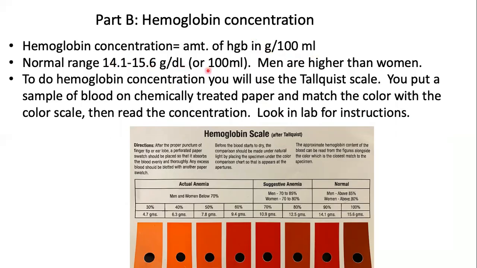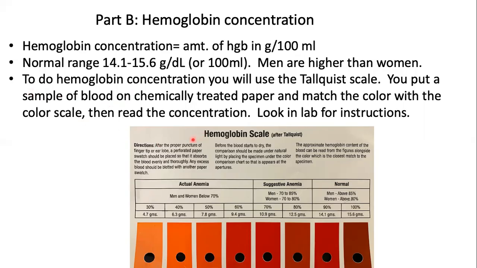Keep in mind 1 deciliter is 100 mils. You should know your conversions. 14.1 is normal for female, 15.6 is normal for male. Why are male red blood cell indices higher than female? What hormone? Good. There's a question on your lab manual, or lab handout, excuse me.